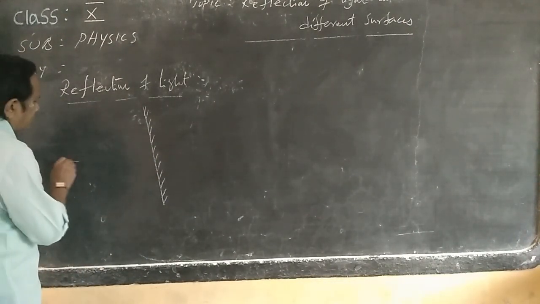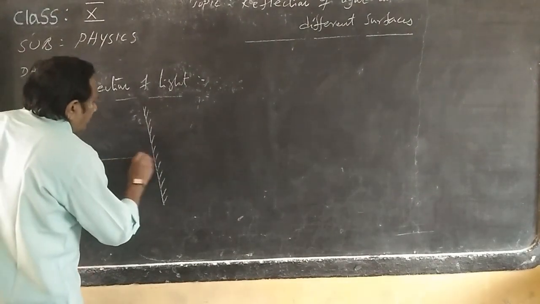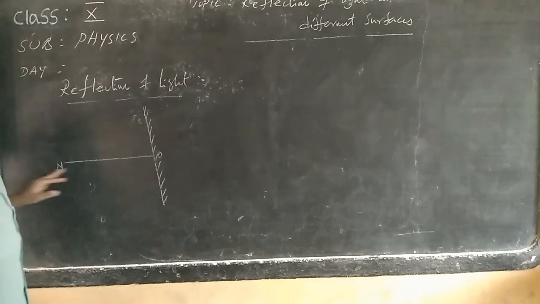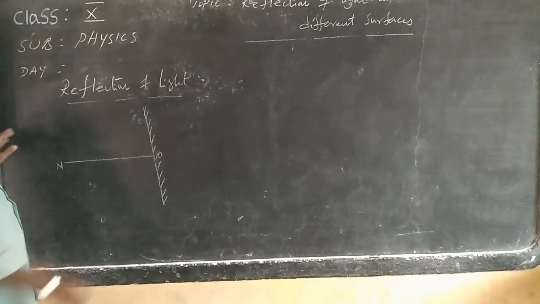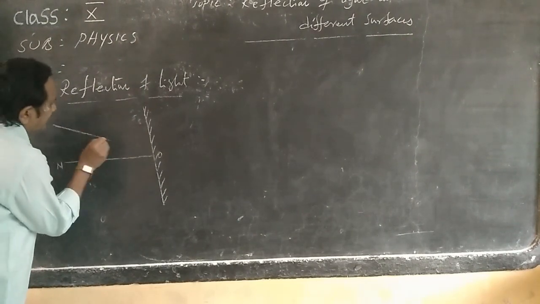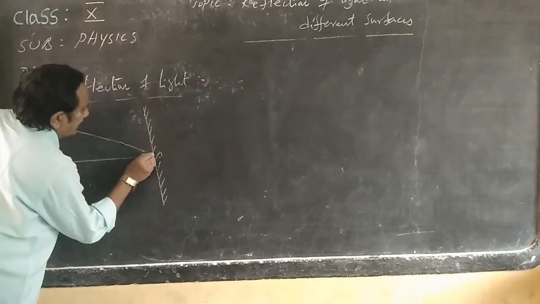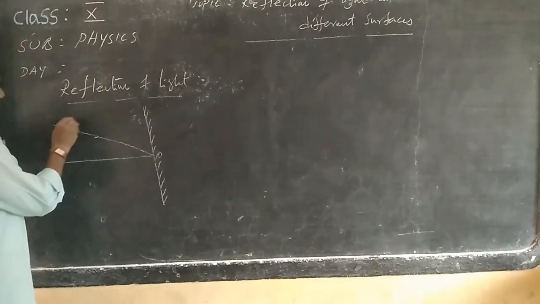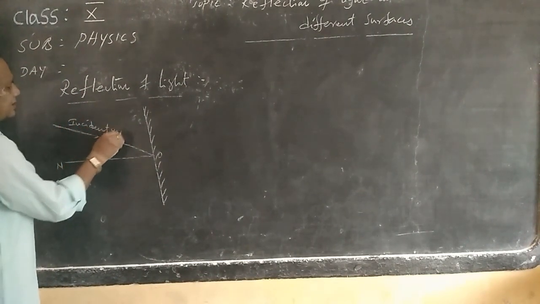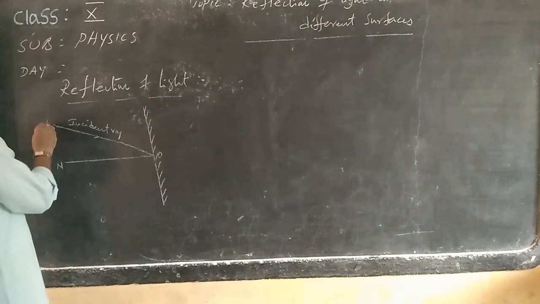Now, a normal line is also needed. This is what we call the normal line. So ON is said to be the normal line. When light is produced from the source, that ray is called the incident ray. This ray is said to be the incident ray. It is produced from the source.